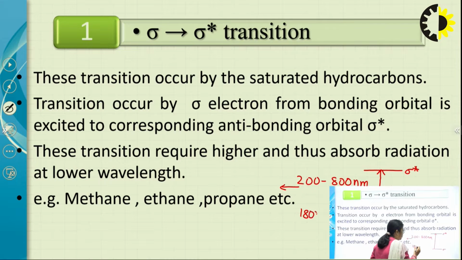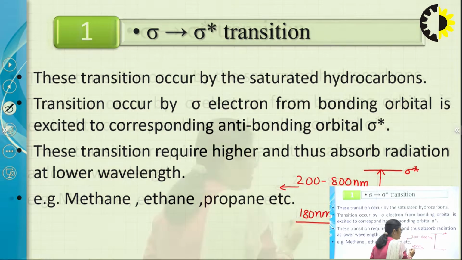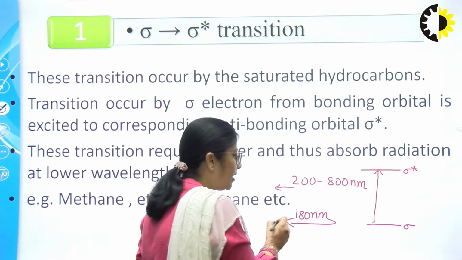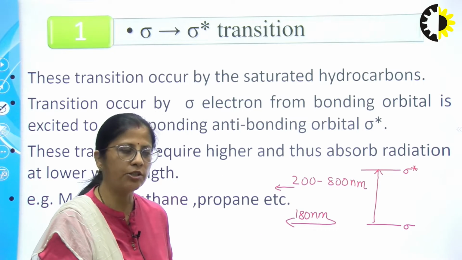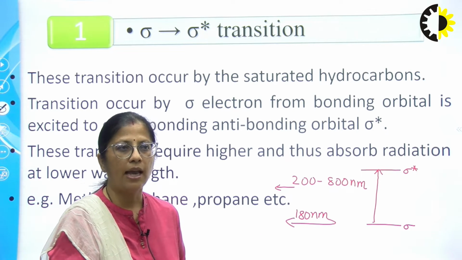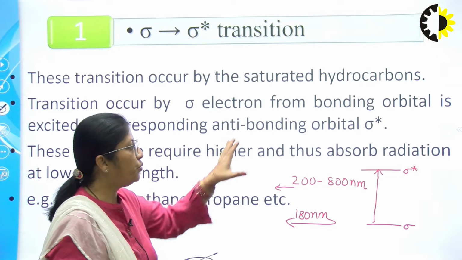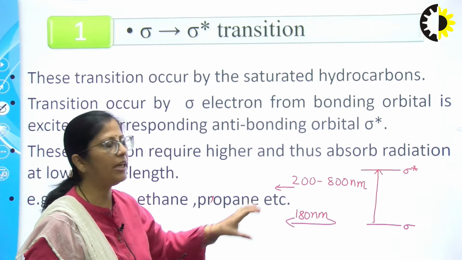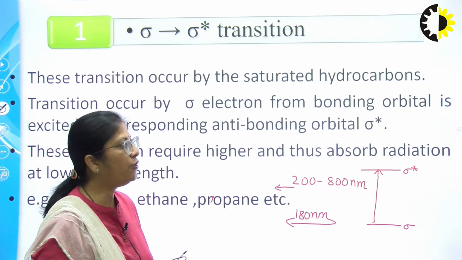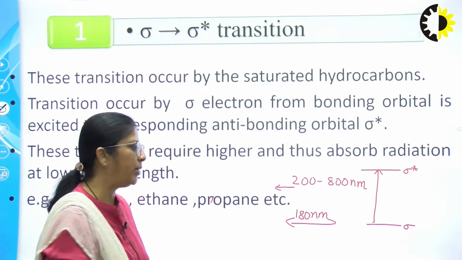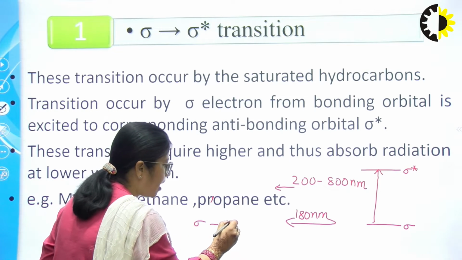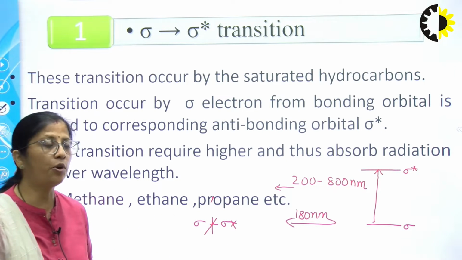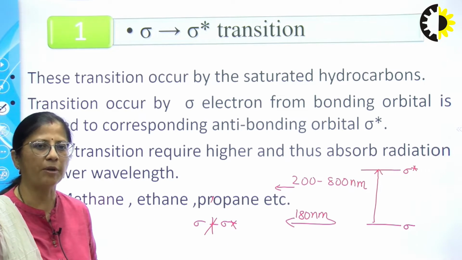Up to 180 nanometers, we can see the transitions, but as we move a little below 180 nanometers, oxygen starts absorbing, and hence to study these transitions, the entire path length has to be evacuated. So in normal UV visible spectroscopy, the sigma to sigma star transitions are generally not seen. They do not appear in the normal UV visible spectroscopy.